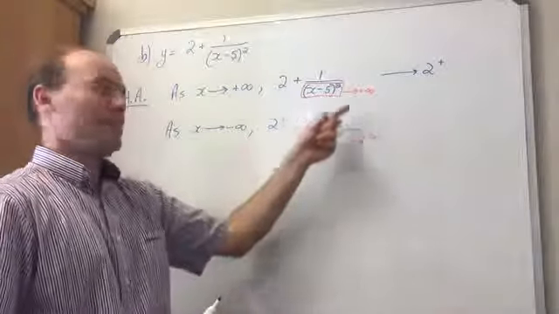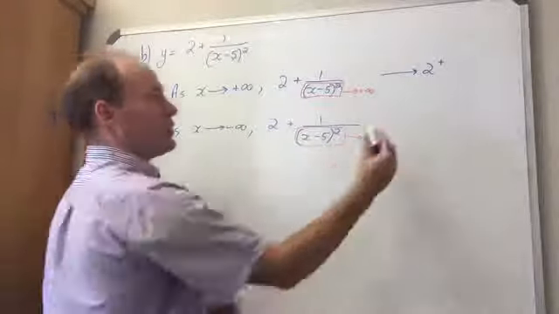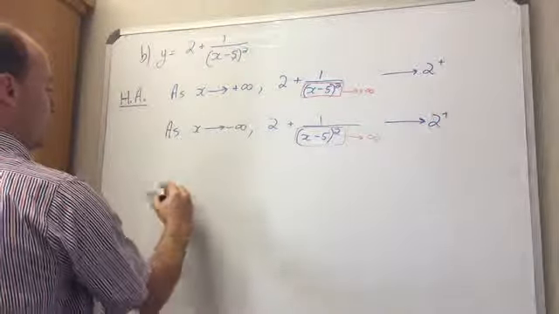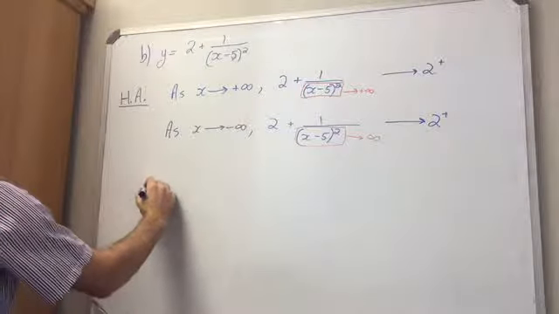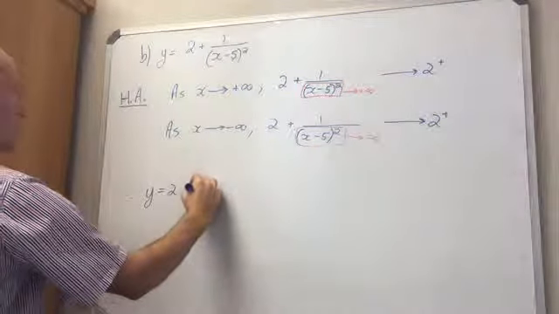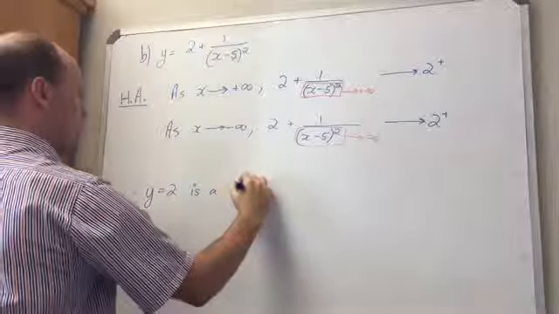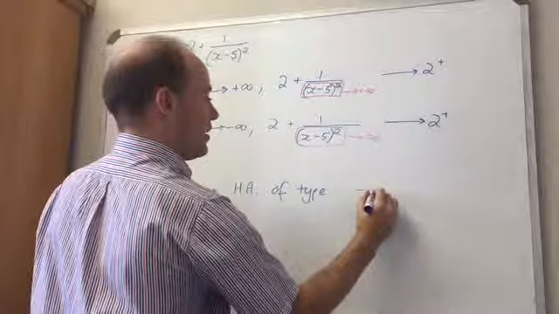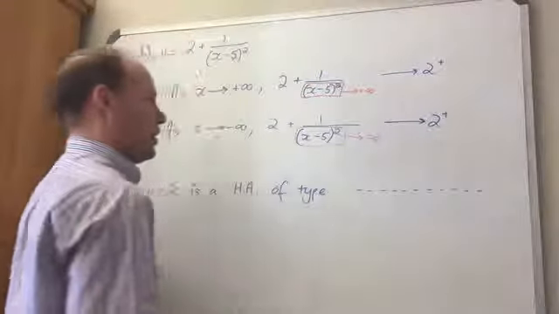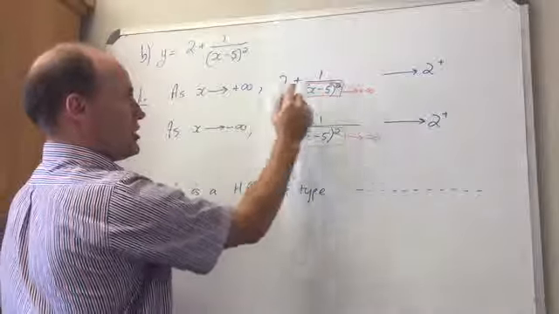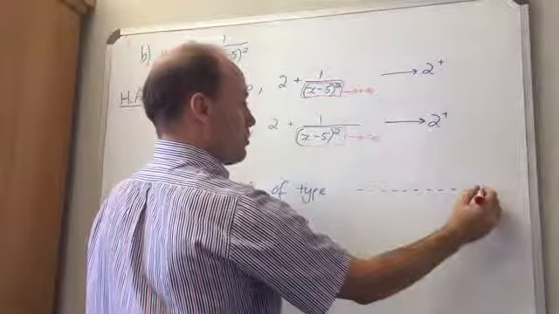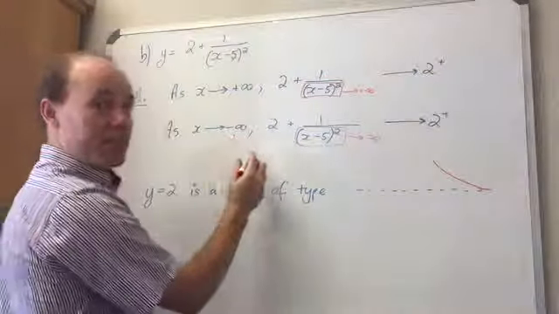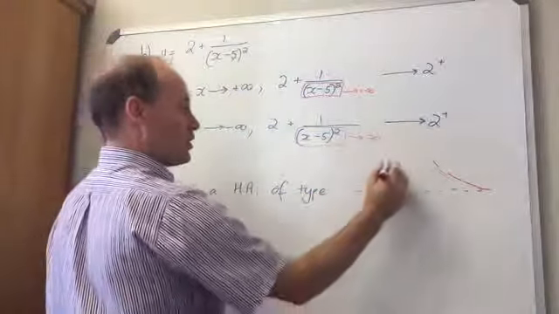So 2 plus a number that's tending towards 0 from the right will tend towards 2 from the right as well. So therefore we write y equals 2 is a horizontal asymptote of type... we draw a little line. And so as x approaches plus infinity, the function approaches 2 from above. As x approaches minus infinity, the function approaches 2 also from above.